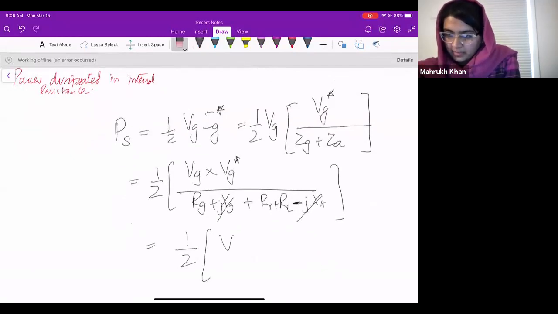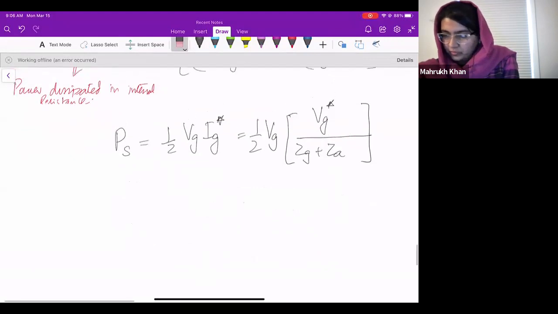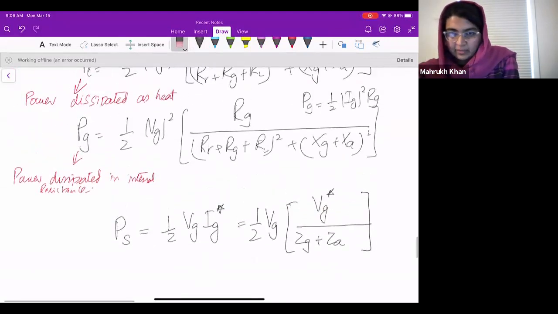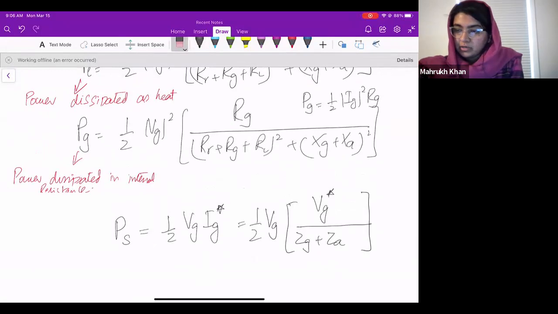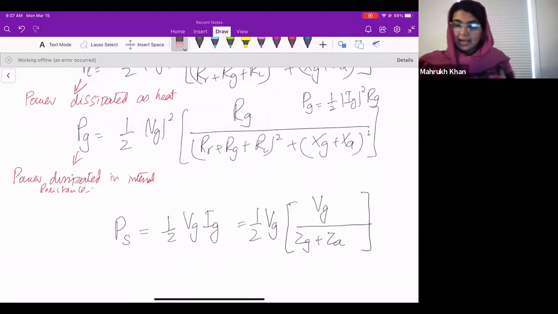Or wait a minute, just write this. Don't write this at all. So this is your power supplied, okay? But this is your power supplied where it's half VG IG. So we will get rid of the conjugate as well. So this is the power supplied, and those are the power dissipations or delivered to the antenna.